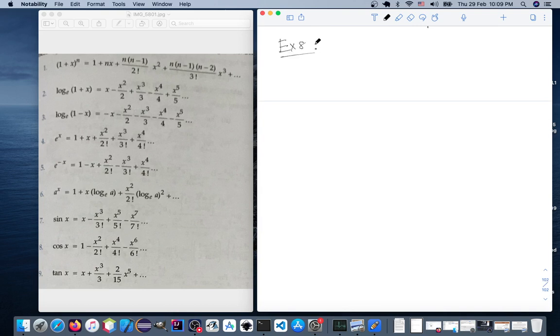Problem number 8. It says: limit x tending to 2, (x minus 2) divided by log a (x minus 1).